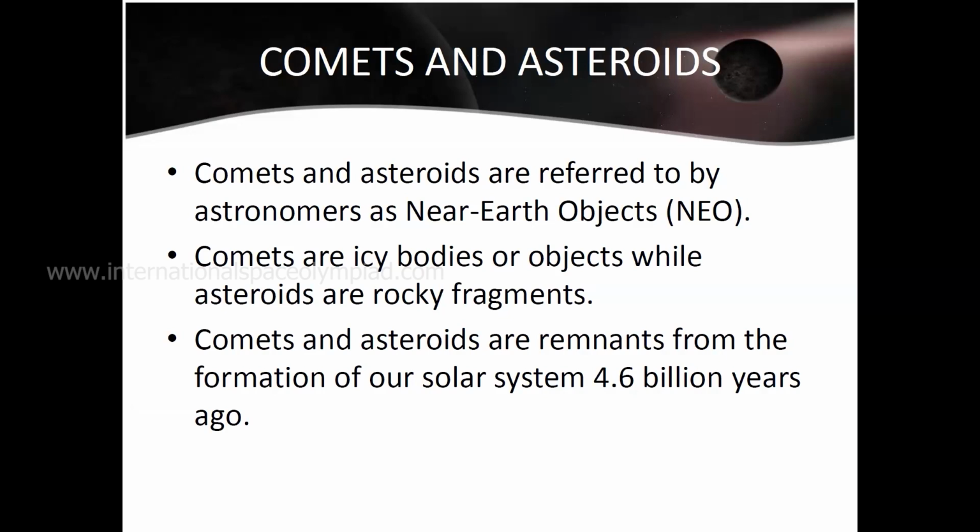They are made of rock. So that is the basic difference between comets and asteroids. When a smaller asteroid comes into the Earth's atmosphere, we call it a meteor or shooting star. Comets and asteroids are remnants from the formation of our solar system some 4.6 billion years ago.